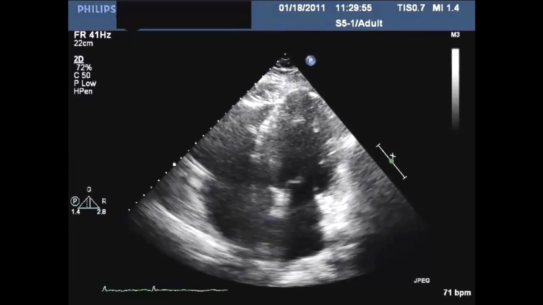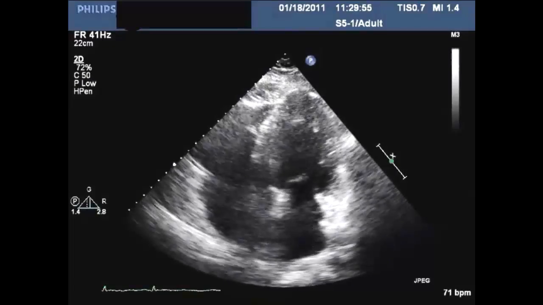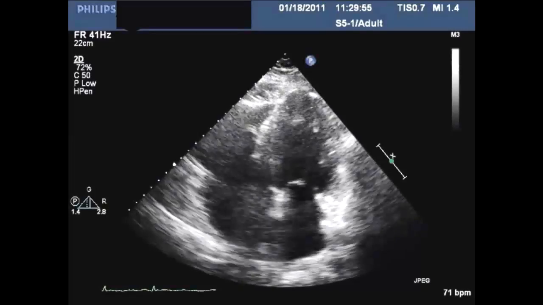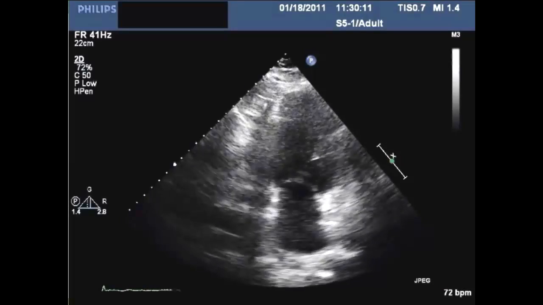Here's case number 2. Not as pretty of a picture, but like I said, these are everyday pictures in our echo lab. And so apical 4-chamber view, endocardial border definition not clearly seen. Can't really tell what's going on there in the apex. And here's the 2-chamber view.